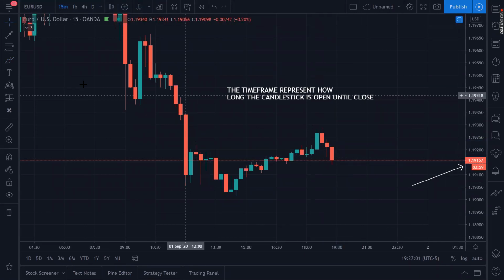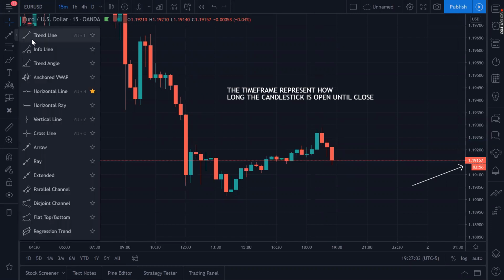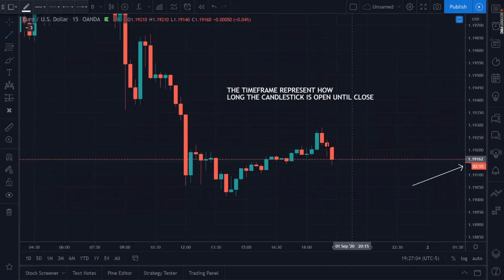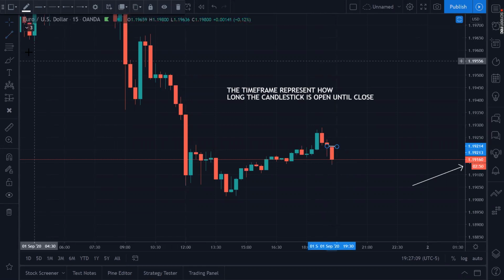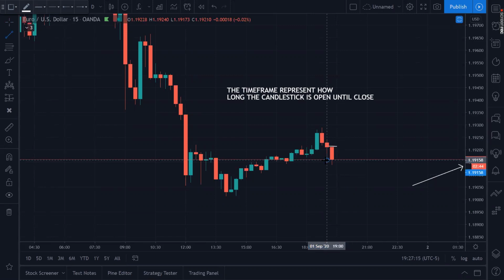Okay? So in other words, if this is a bear candle, it opened at the top, right? Right now we have 2 minutes and 47 seconds before this candle closes, but it hasn't closed yet.